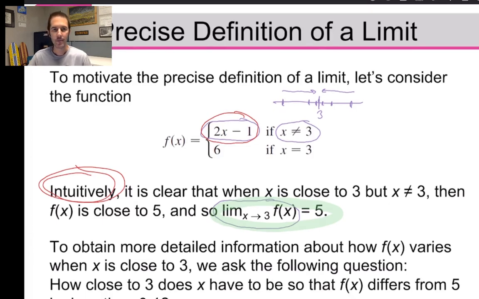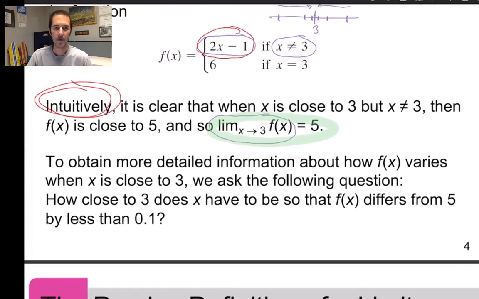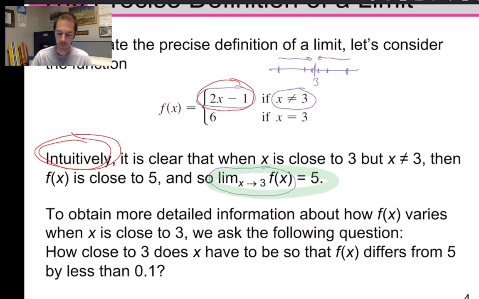So what? Well, we're going to sort of adjust the game a little bit. The new task is, we can't just randomly or somewhat randomly choose x values that are near the number 3 anymore. Now we have to choose more thoughtful x values.